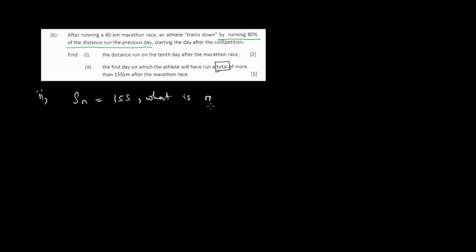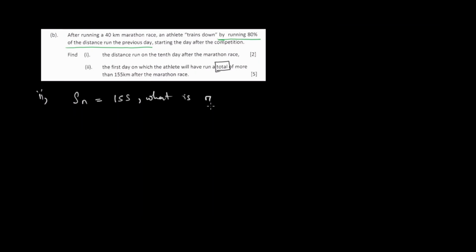Panagona here kumathematize akaona kuti ndo zviringofunzwa apa kana kuti ndotsanangura futi. Tapaona here apo paraparendere. The first day on which the athlete will run a total of more than 155 kilometers after the marathon race.